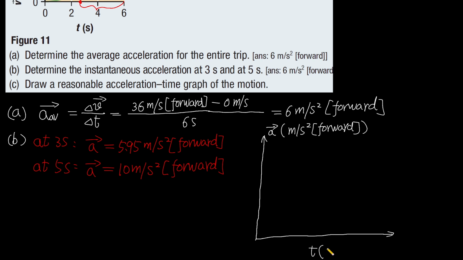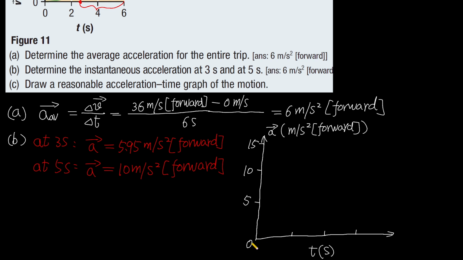Its unit is seconds. And here is 2 seconds, 4 seconds, 6 seconds. And here is 5 meters per second squared forward. Here is 10 meters per second squared forward. And here is 15.